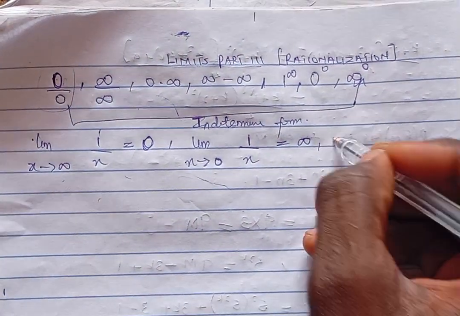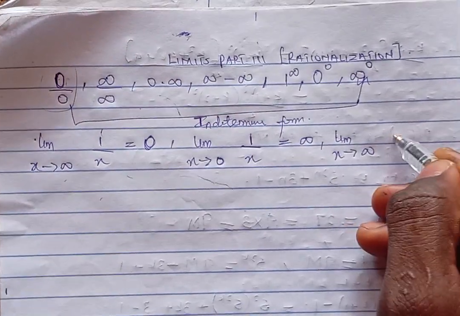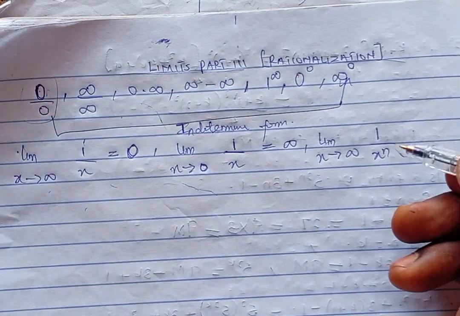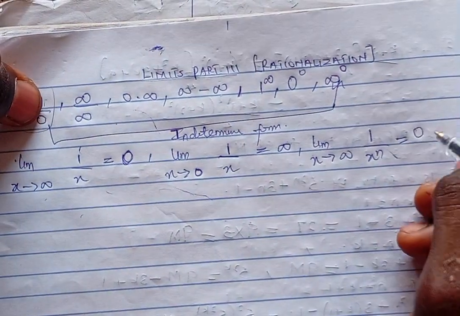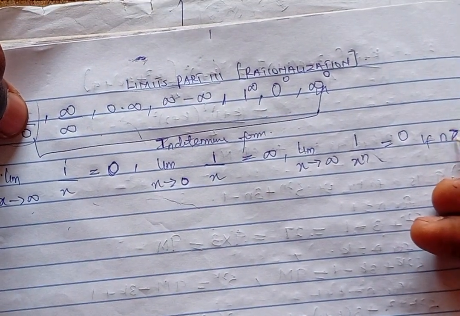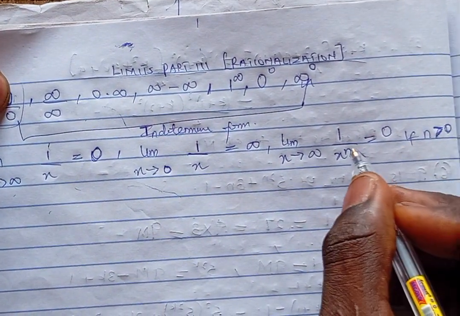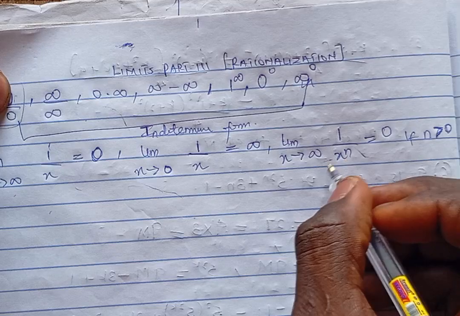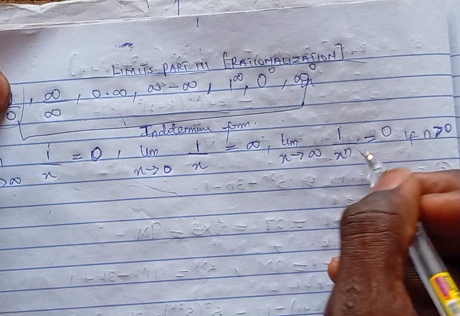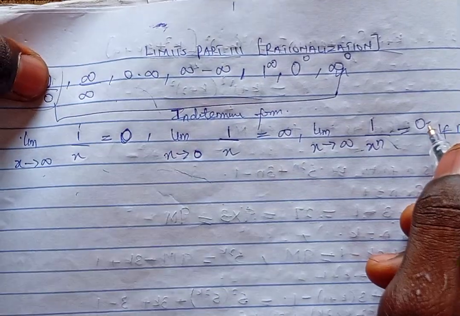Let's say we also have the limit as x tends to infinity of 1 over x raised to power n, it is also 0, provided that n is greater than 0. So if n is greater than 0, then the limit as x tends to infinity of 1 over x raised to power n is equal to 0.